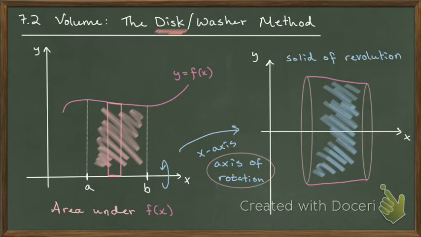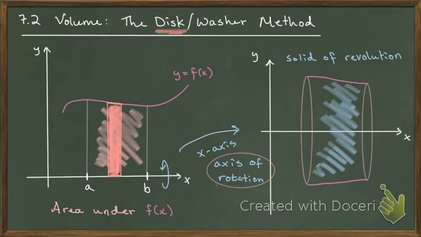And the way we're going to do this is very similar to how we looked at area before. I took a chunk or a slice of my region that I used to represent the entire piece of the area, so I called that my representative element of area. I'm going to do very much the same thing with a solid of revolution.